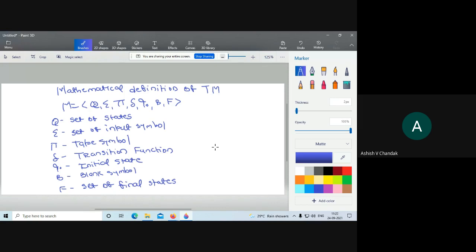Then from next class we will start solving problems. Done. Should I erase? Yes, sir.